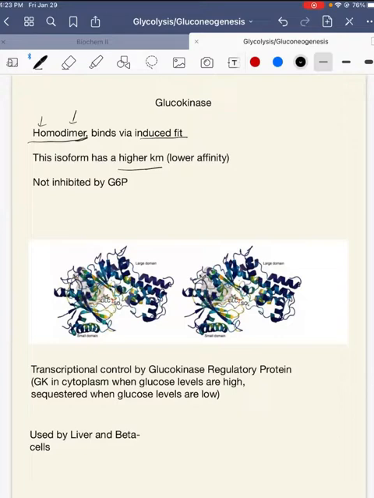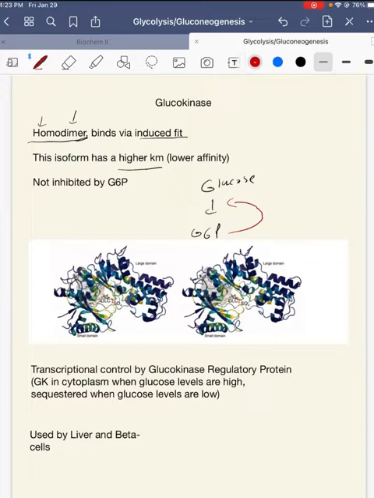When we convert glucose to glucose 6P, with the other isoforms of hexokinase, this glucose 6P can actually go back and inhibit hexokinase, right? In the liver, its main function is to regulate blood glucose levels. Let's say we have really high levels of blood glucose, and we want the liver to lower that.